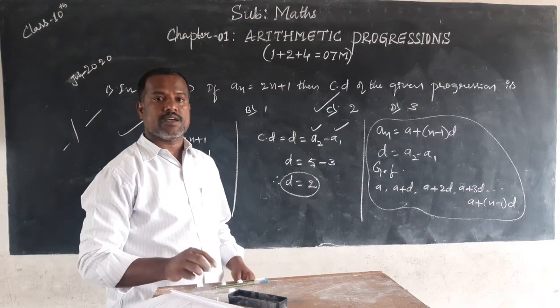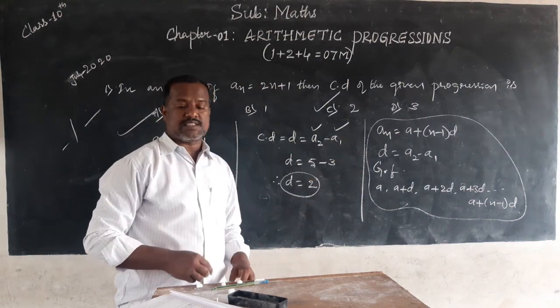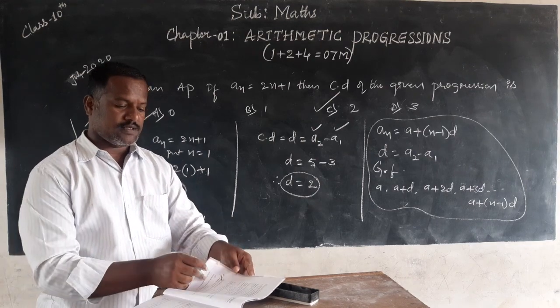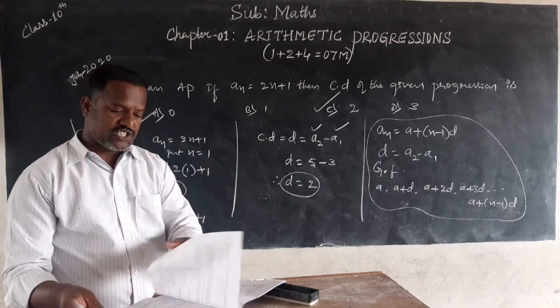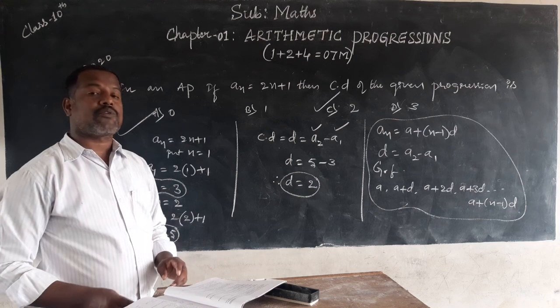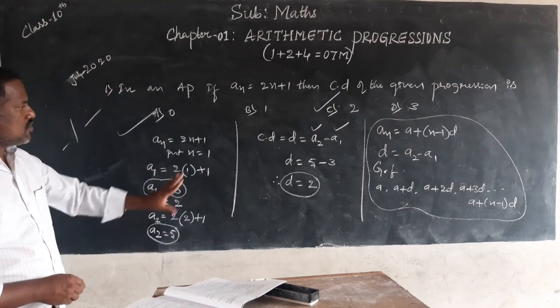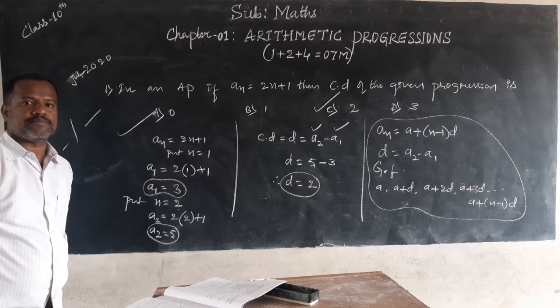Understand, children? If you have the knowledge of these three, so definitely you can do the problems of your first chapter, that is arithmetic progression, first exercise 1.1. First you write down this one neatly.